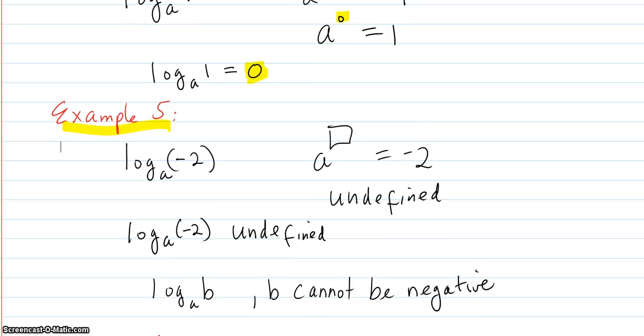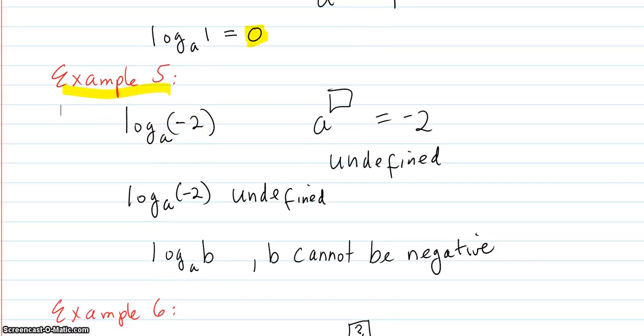Example 5. Log base any base a of negative 2. So you say the base raised to this exponent has to be negative 2. Well, that's impossible. You can't get a negative. Like if you have a base like 3, what are you going to raise it to get a negative number? If you put a negative number up here, that's just 3 to the minus 2, which is 1/9.